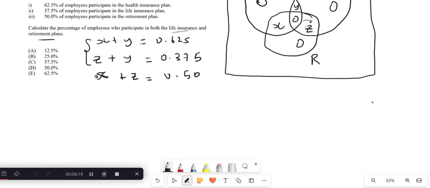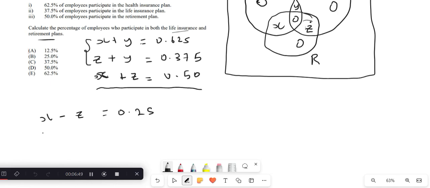When I subtract them, I'm left with X minus Z, and Y minus Y is just 0. And 0.625 minus 0.375 gives me 0.25.